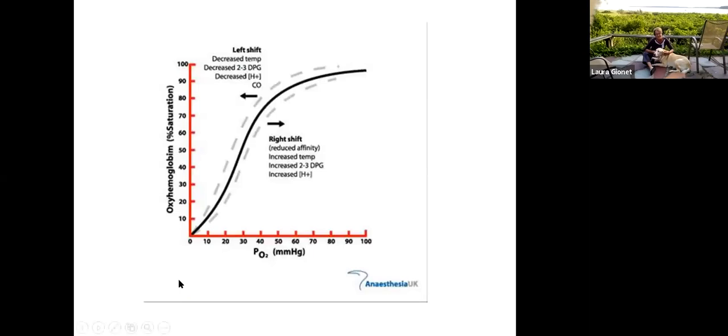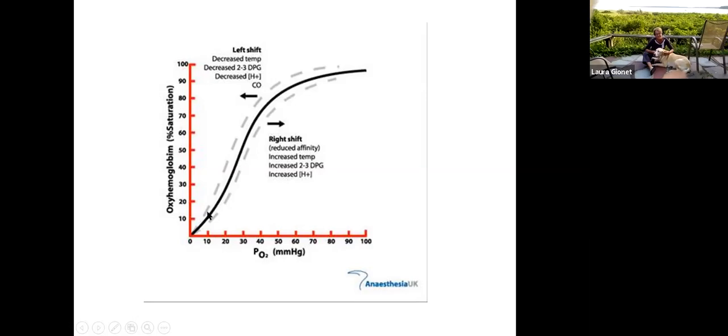And this is an oxygen saturation curve, that shows you in the dark black line in the center what the normal relationship is. The saturation of oxyhemoglobin, or oxygen saturation of hemoglobin, is on the vertical axis, and the partial pressure or concentration of oxygen is on the X or horizontal axis.